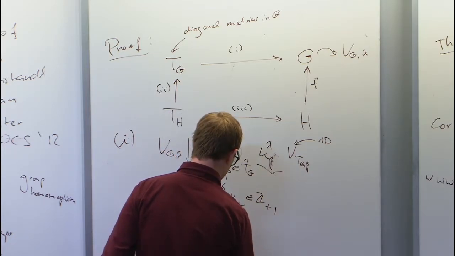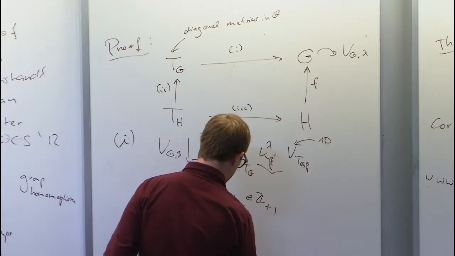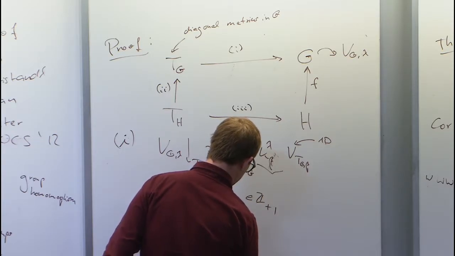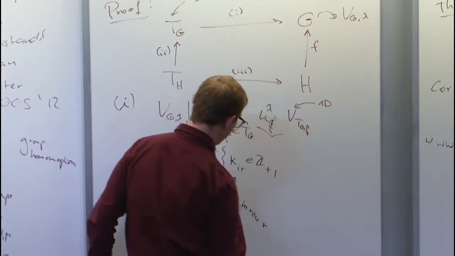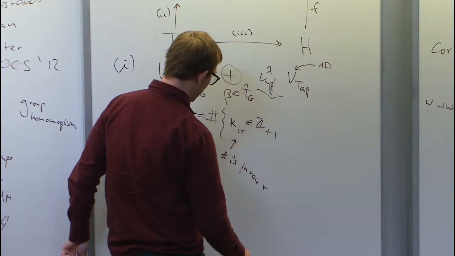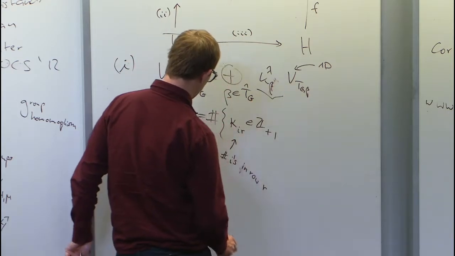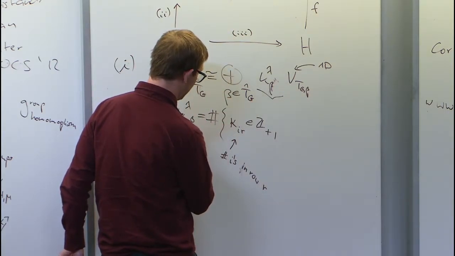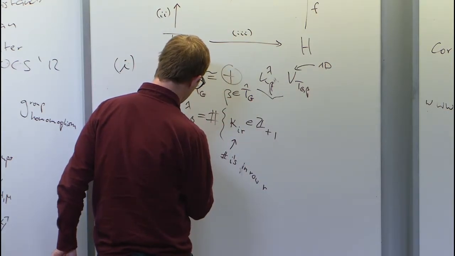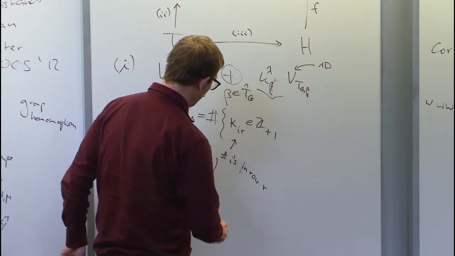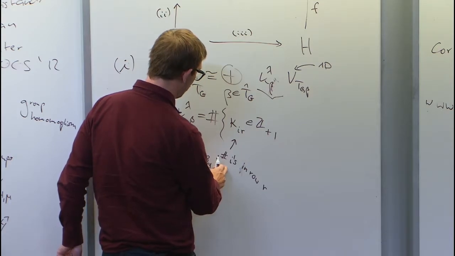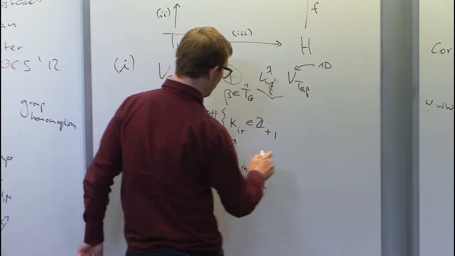This is the number of i's in row R. So I'm going to put the number of i's in row R, right? But if I got weight beta, right? Beta was beta 1 up to beta d, then the number of ones have to sum up to beta.